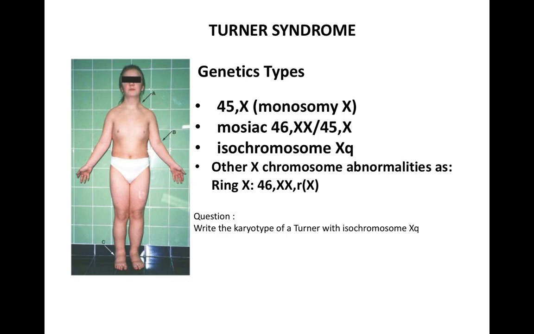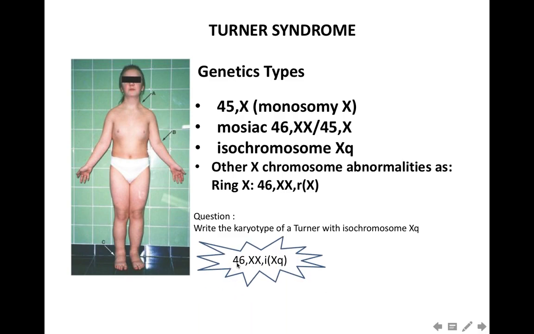Can you try to write the karyotype of a Turner with an isochromosome X? So how about the number here? You think it's going to be 45 or 46? The isochromosome will be counted as a chromosome X, and we have a normal X chromosome.